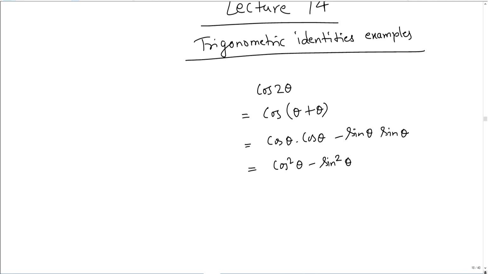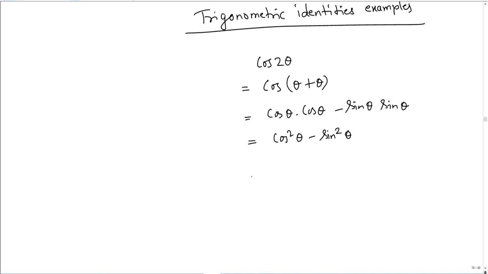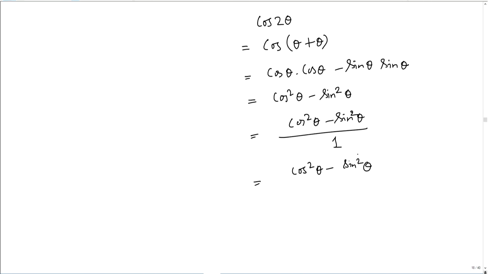But now we need to get it in the form of tan square theta. So, let us apply the same idea that the denominator here is actually 1. What if we replace 1 by sin square theta plus cos square theta?